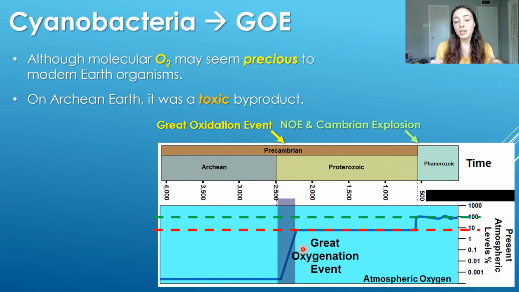It was toxic to them. So a lot of them died and went extinct, or at least were extremely restricted to the corners of the earth and ocean that weren't oxygenated at that point.